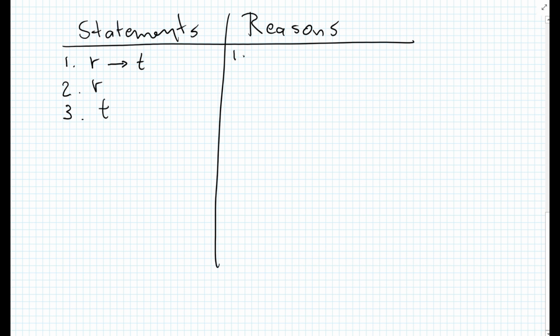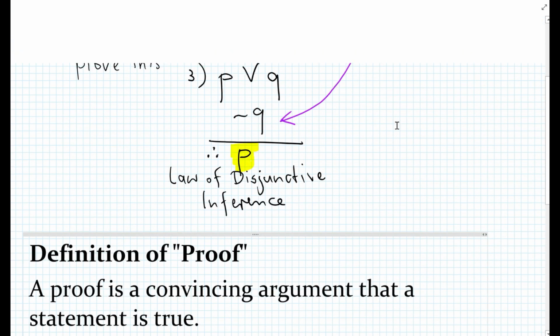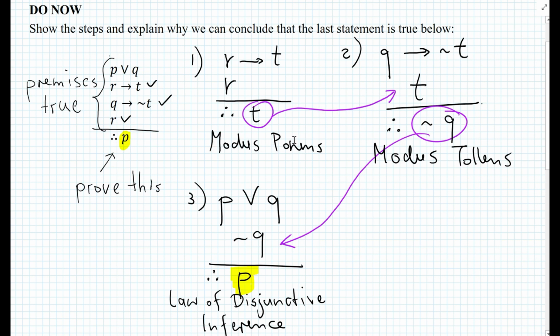So what are the reasons here? For number one, the reason is just given, okay? So that was a given premise, and we assumed it to be true. The second step is also given, and then T, why did we conclude that T was true? Well, when you go back here, we know that the reason is modus ponens, okay?